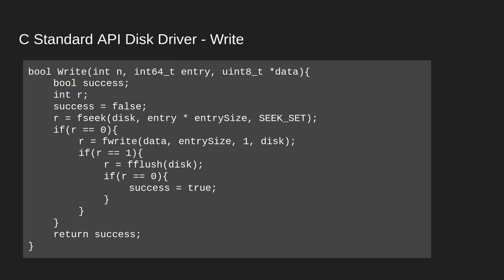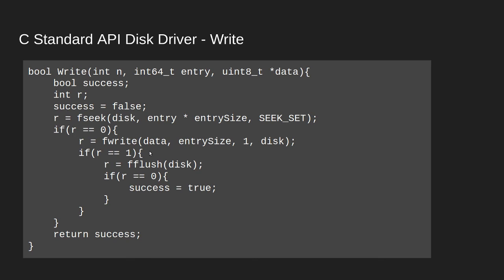The write function is implemented as follows. First, we use fseek to seek to the position on the file that we want to write to. We have to seek entry times the entry size from the start of the file. If this succeeds, which means that it returns 0, we can perform our write using the C API. So we write our data array, which is of the size entry size, and it's only 1 entry, to our disk.